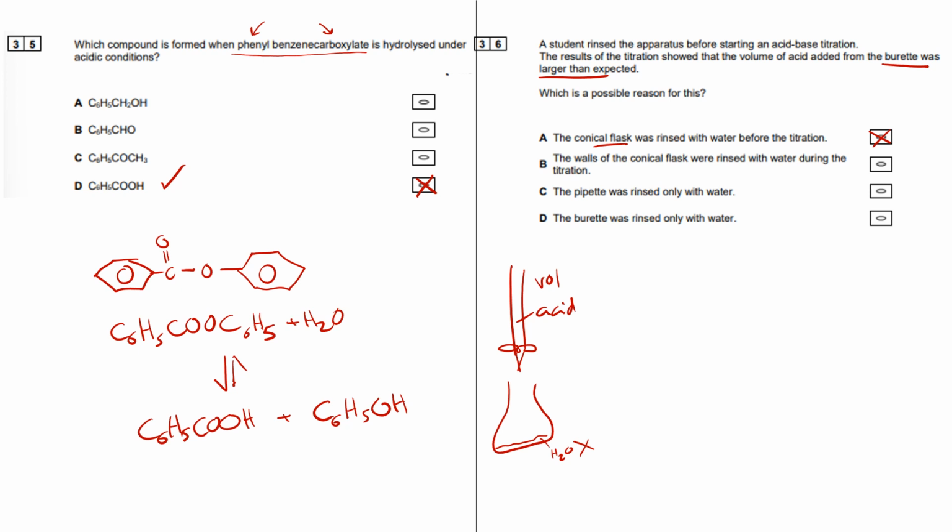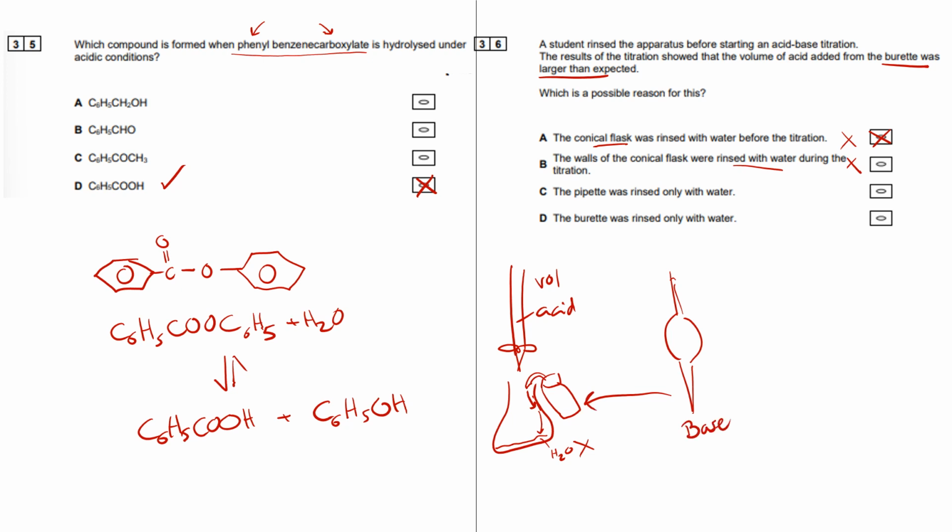The walls of the conical flask were rinsed with water during the titration. So again, that's actually a good practical technique to do. If you get a little bit of acid, so that's my deionized water bottle, if you get a little bit of acid on the sides, you can rinse it with water to ensure that all of the reactants mix together. So B is incorrect as well. Sorry, I put a cross in A, I meant a cross for it being wrong. If the pipette was rinsed with water, so the pipette is going to have our base in it.